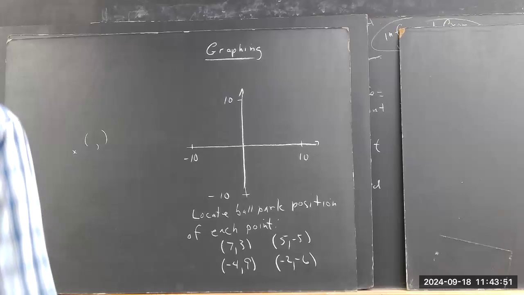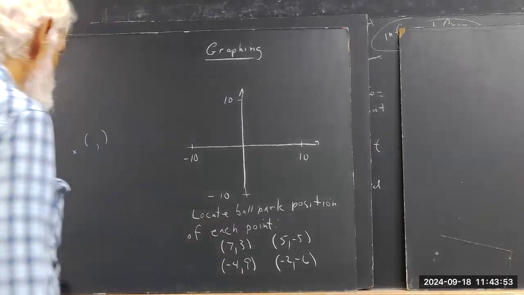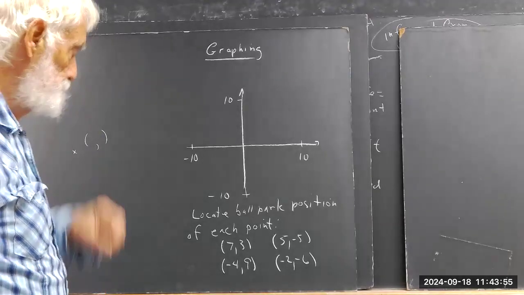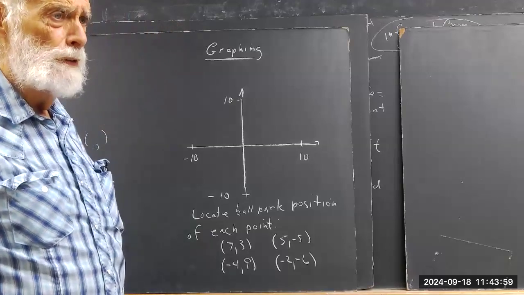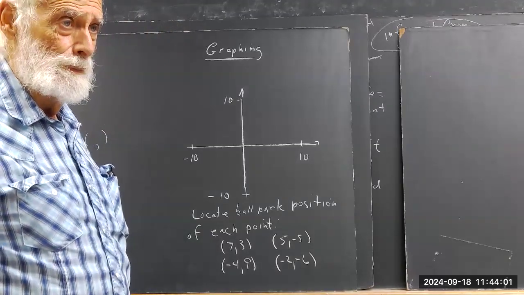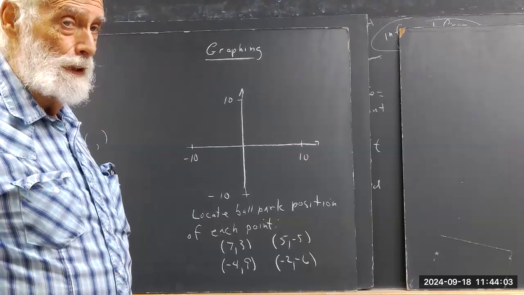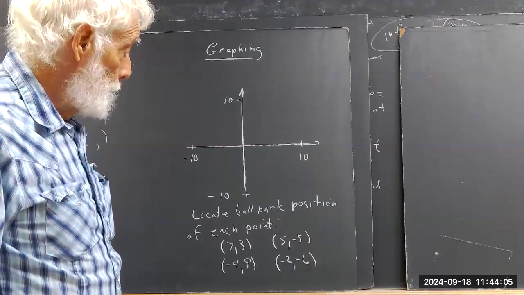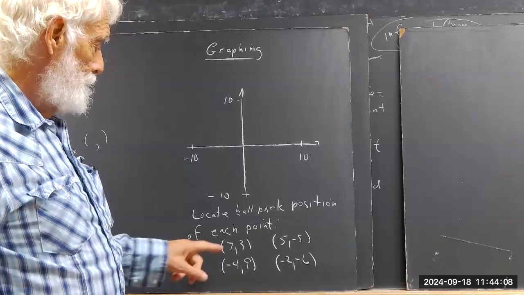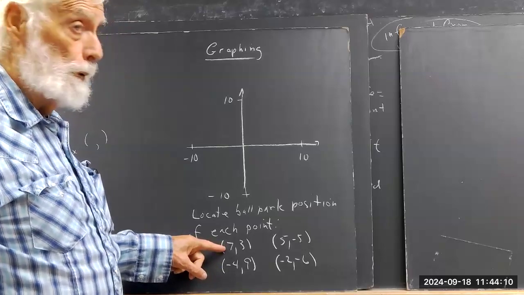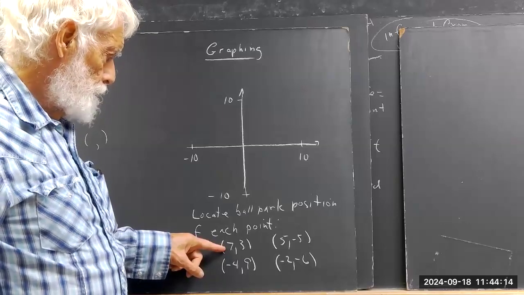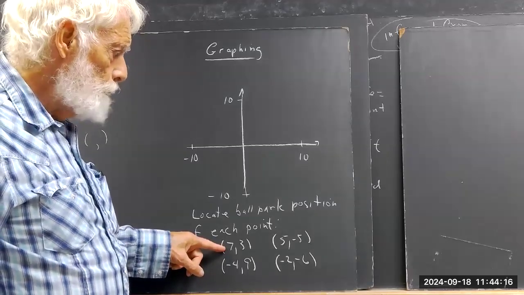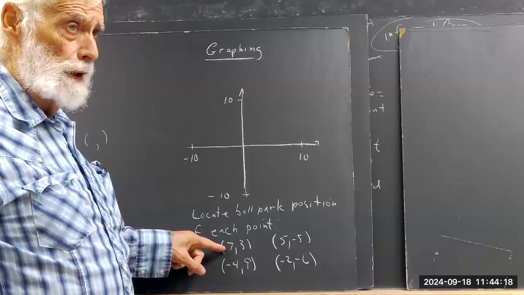Now I'm going to introduce something that's somehow difficult for my pre-calculus students. First of all, the first coordinate is your x coordinate, right? So your point is going to lie on the line where x equals 7.